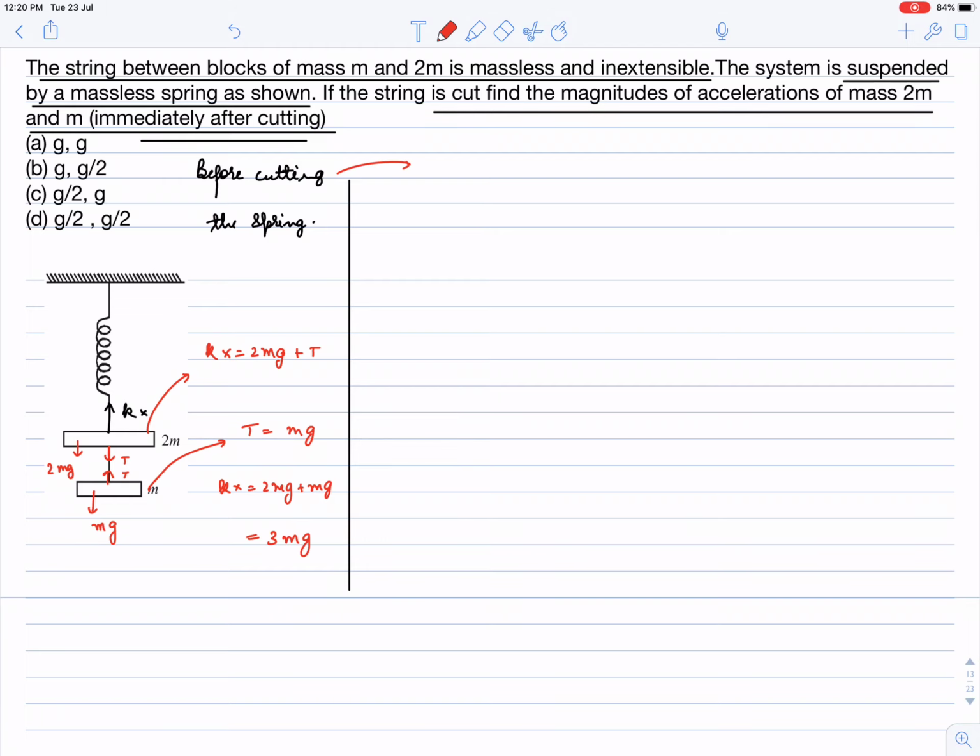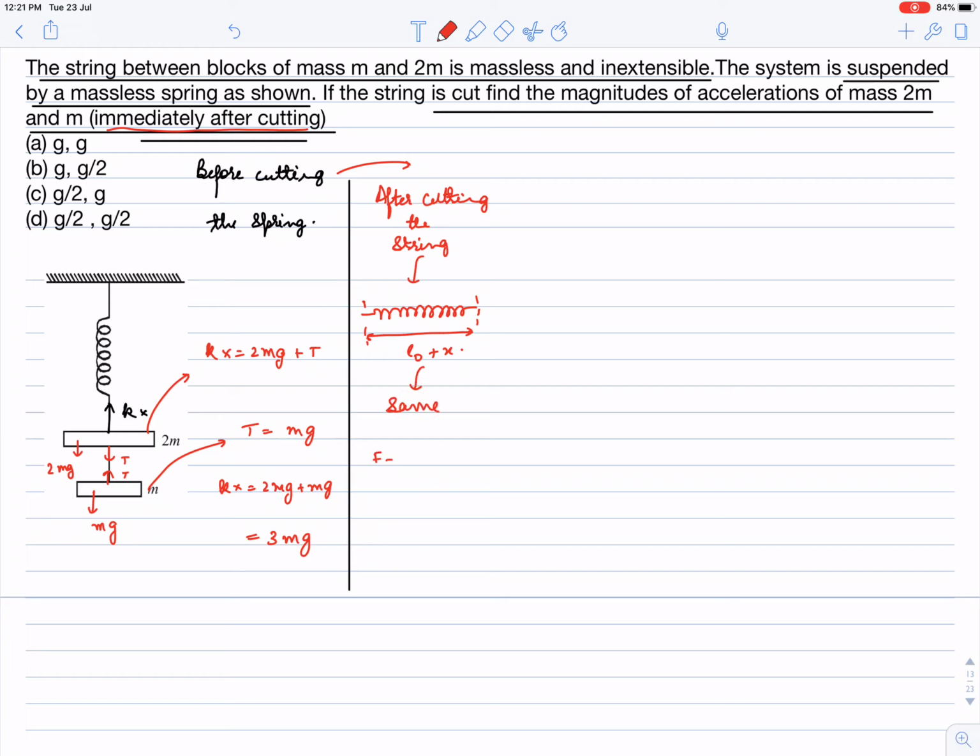Now one benefit of a spring is this. Let's say we take the situation after cutting the string. Blocks cannot move instantaneously. So if before cutting the spring its length was L0 plus x, then immediately after, the length would also be the same.